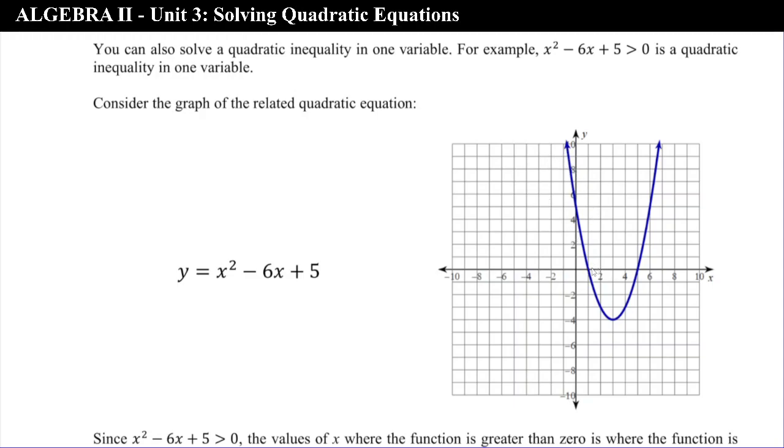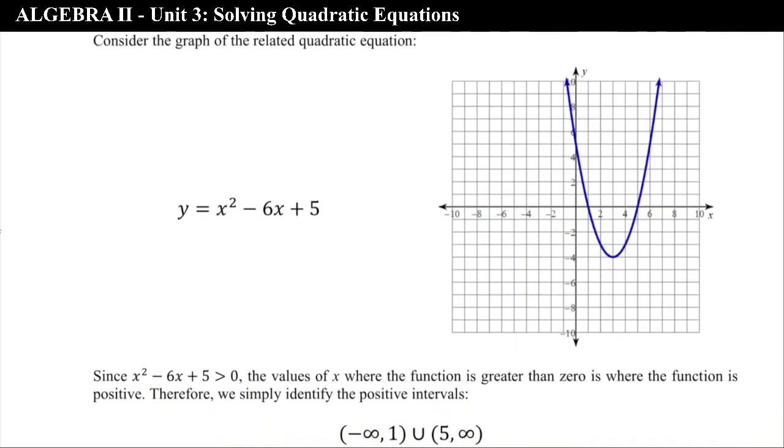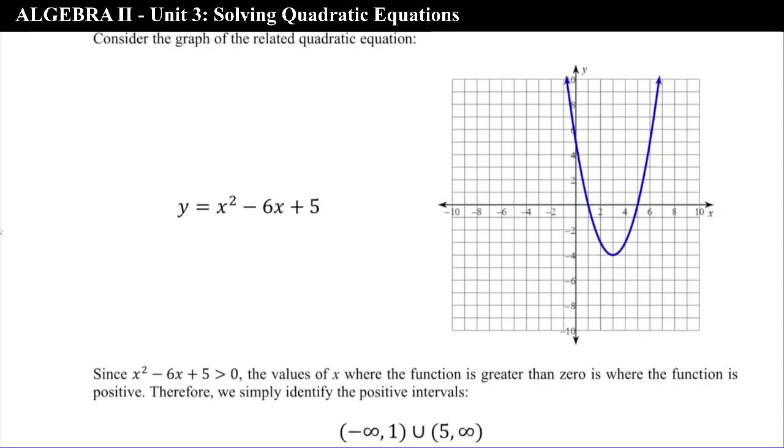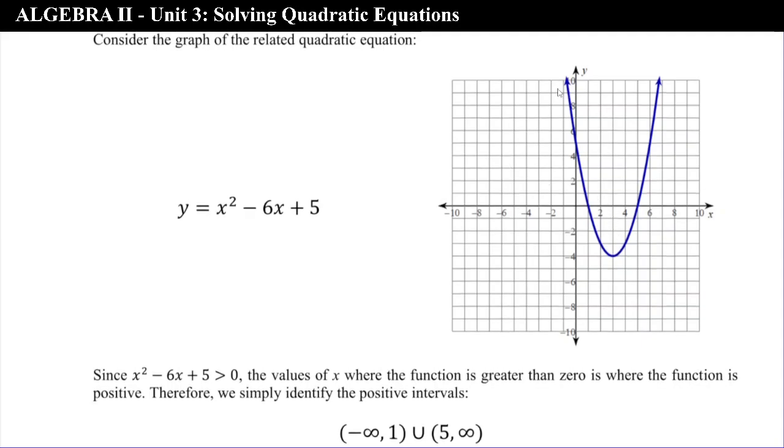Everywhere that this graph is greater than 0 would be above the x-axis. So what we would have is an interval, and that interval is negative infinity to 1, union with 5 to infinity. Basically everywhere where it's not negative is where it's positive, or where it's greater than 0. And so that's how we find it graphically.